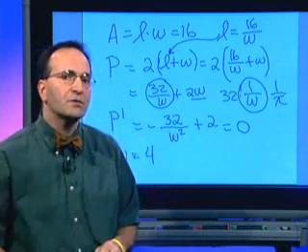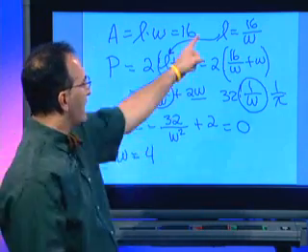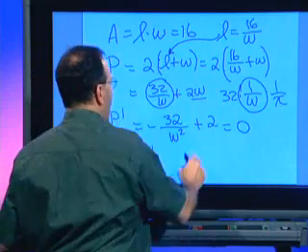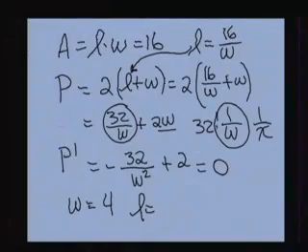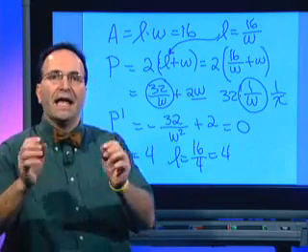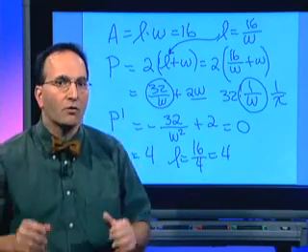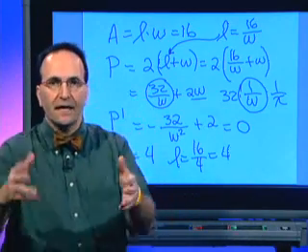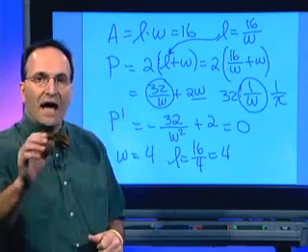So if W is 4, then we can calculate L, remember, because we said L is equal to 16 over W. So we get that L is equal to 4. Well, what that tells us is that the perimeter is 16, and it's really a 4 by 4 rectangle, i.e., it's a square. So that's our answer.